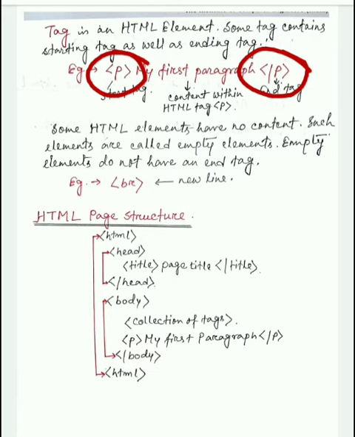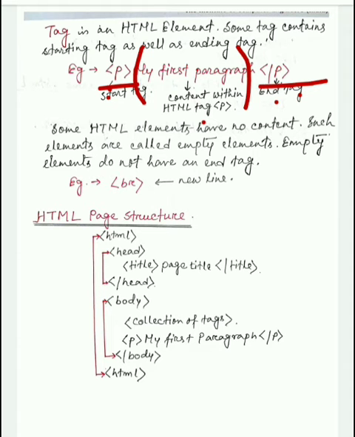As the P tag has an end tag, the P tag is known as a container tag, and the paragraph within the opening and closing P tag is the text. So my first paragraph will display in the web page. The opening P and closing P will not display.